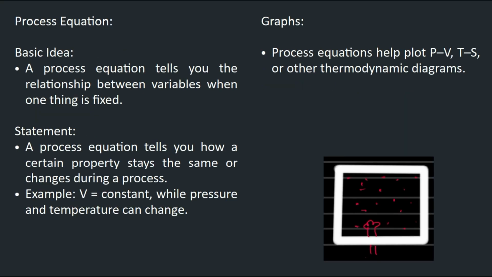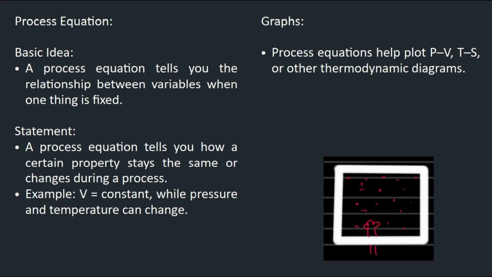Okay, that's another classification that we need to know of. And finally, we have process equation. So basically, you know what is an equation. Process equation is an equation, a mathematical way of describing what is happening. Okay, guys. A process equation tells you the relationship between variables when one thing is fixed. Okay, so let me give an example. Given volume is constant, what is happening with the pressure and temperature?